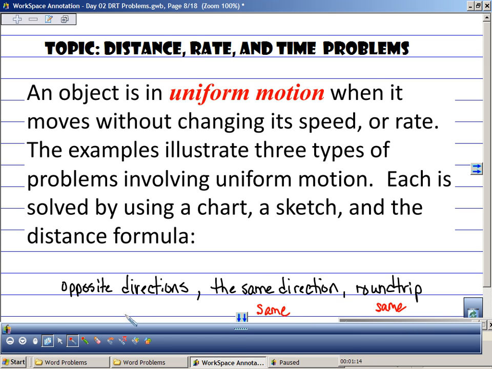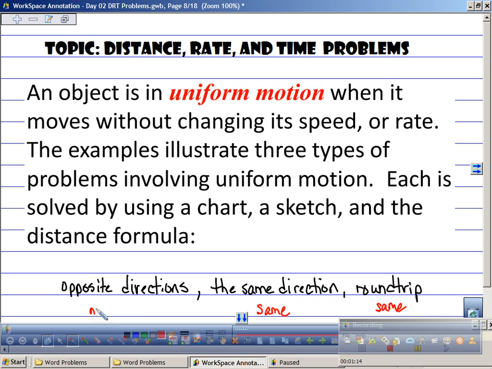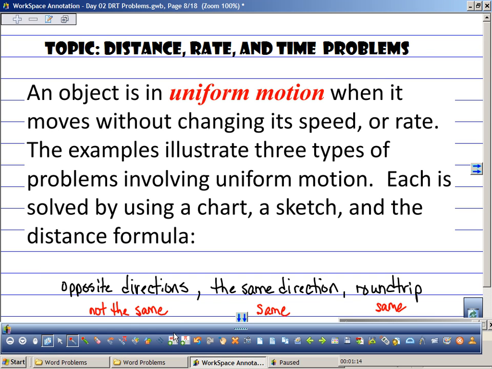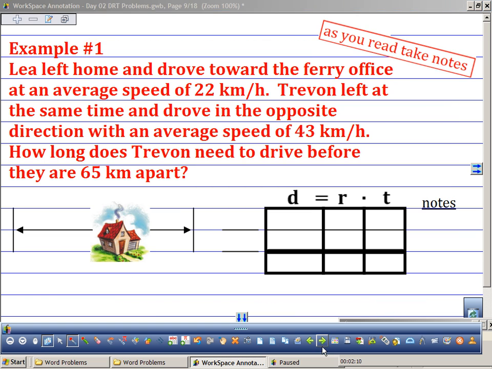The only problems where you'll have to worry about different distance is if 2 things are going in opposite directions. But we're not going to even complicate it that much.